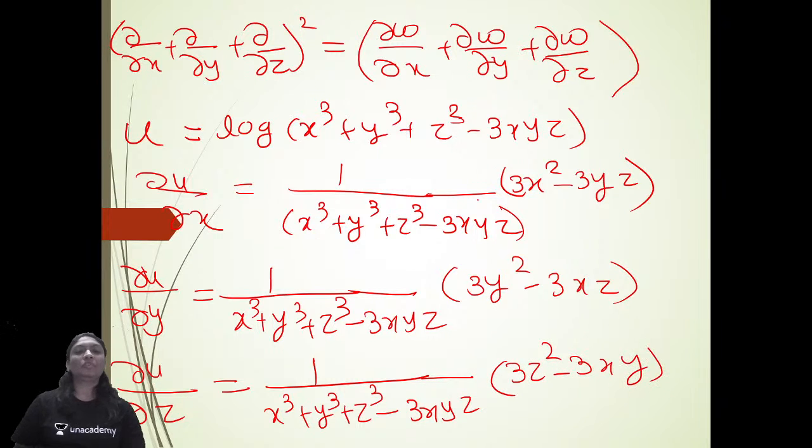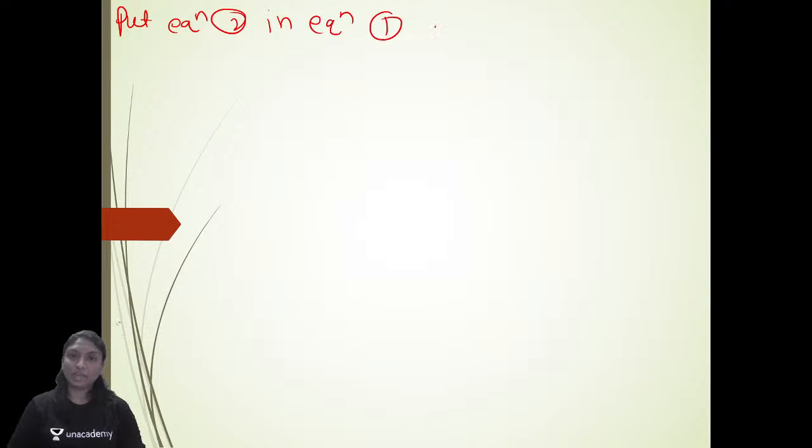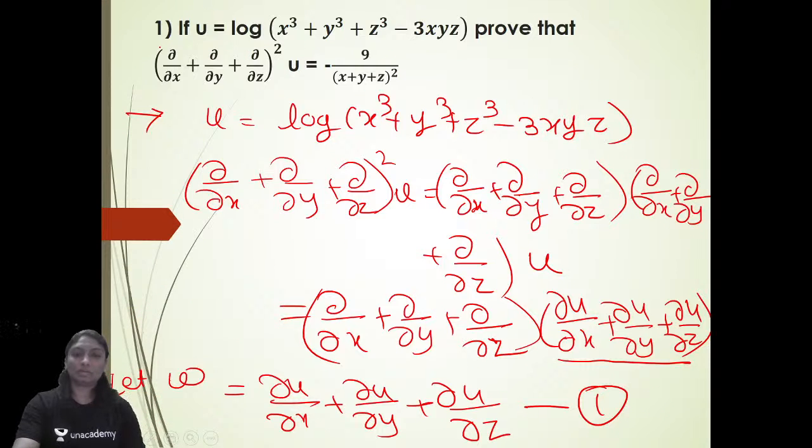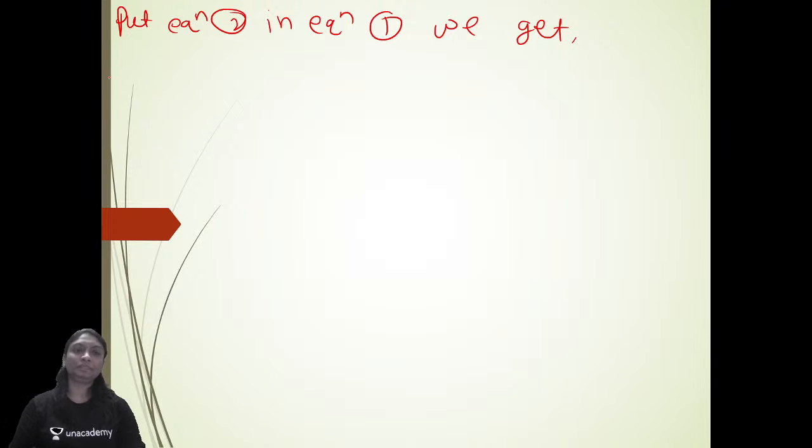Right? So putting these values in w, we will call this equation number 2. So put equation 2 in equation 1, we get w is equal to ∂u/∂x + ∂u/∂y + ∂u/∂z.